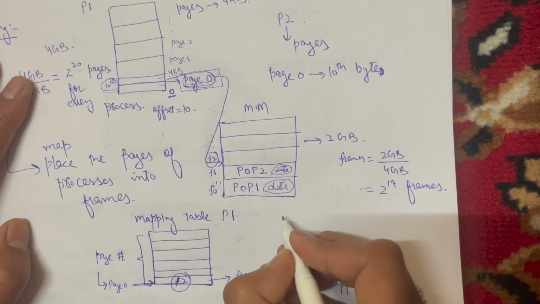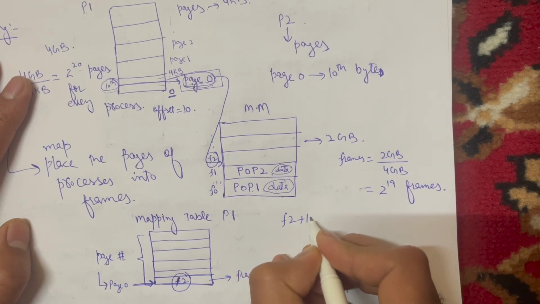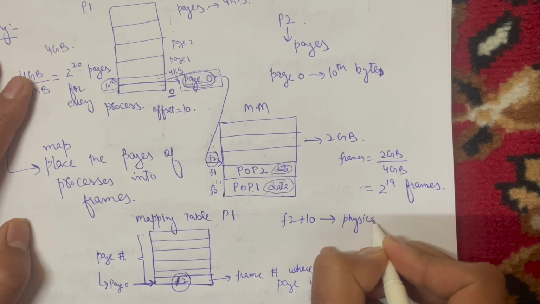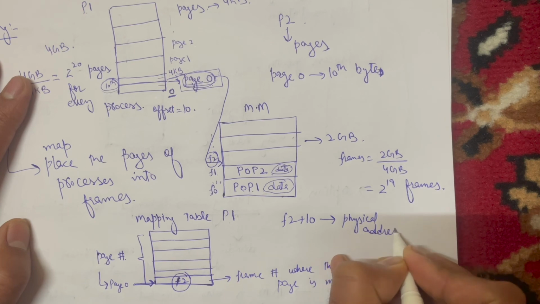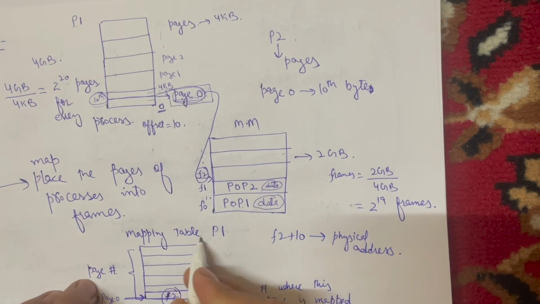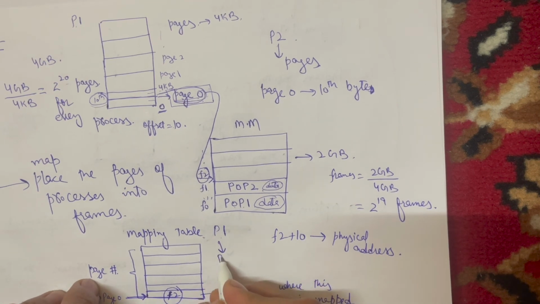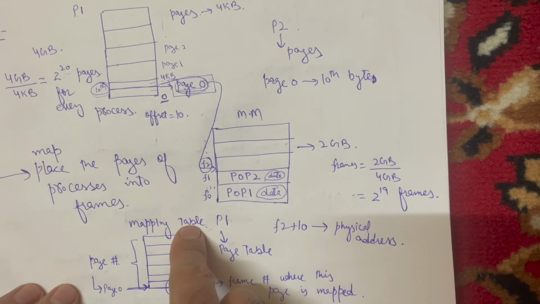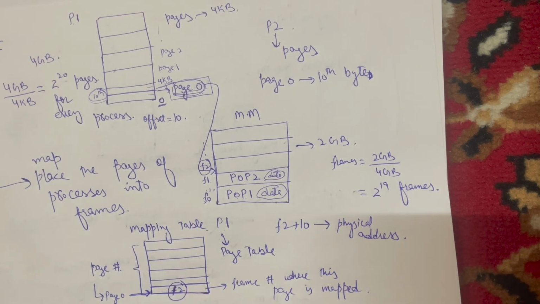So F2 plus 10 gives me the physical address of that particular byte. This mapping table is also called the page table of process P1. Every process will have a page table, and these page tables are also stored in the main memory.